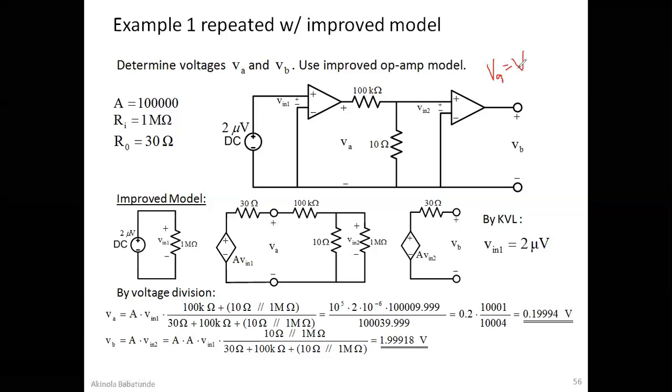The voltage source in this case is going to be AVIN1. That is the voltage source, multiplied by RA, if you remember our voltage division, divided by R equivalent in the circuit. This is exactly what we're supposed to do.